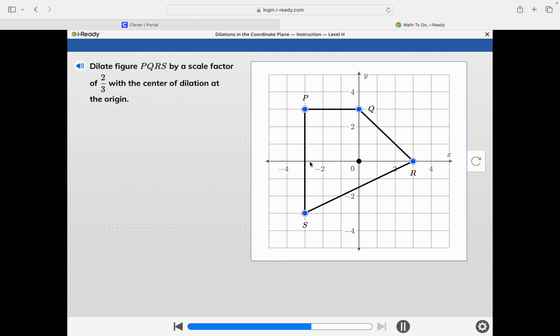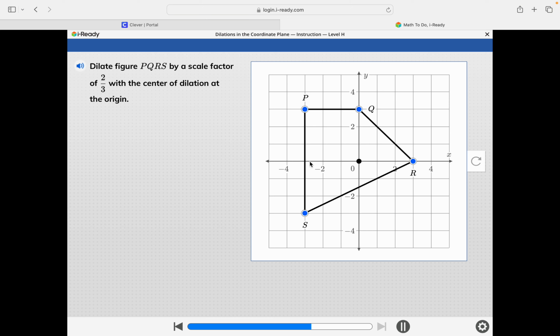Q prime x is 0. Good job. Now change the y.